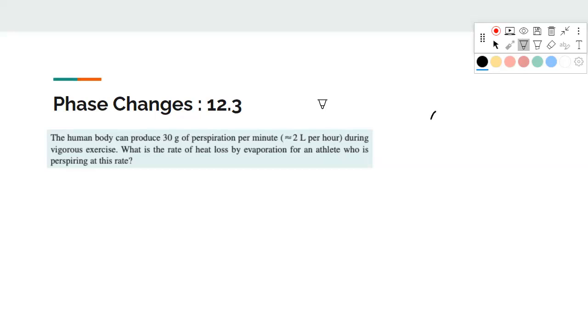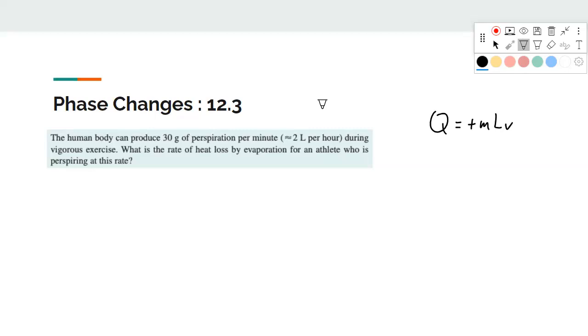Okay, so we have our formula. Q is, and we're transitioning from a liquid to a gas. So for the water itself, we have a positive change, right? The water is gaining energy as it turns into a gas. And so the body will be losing energy in the same amount.